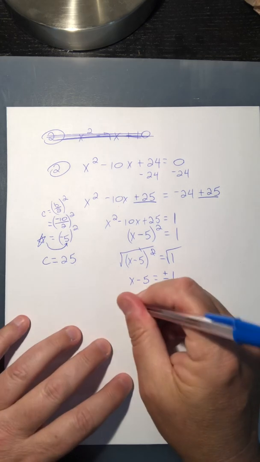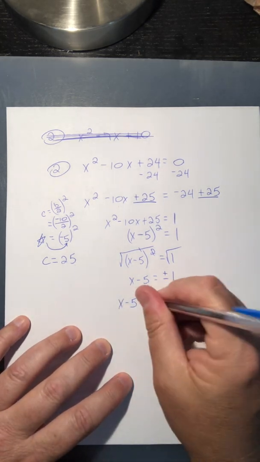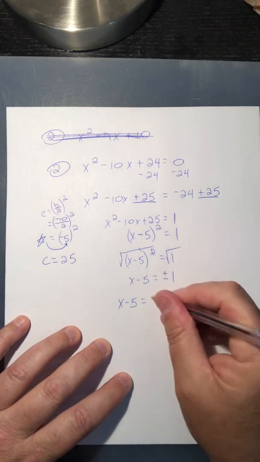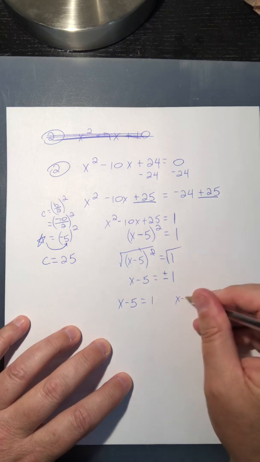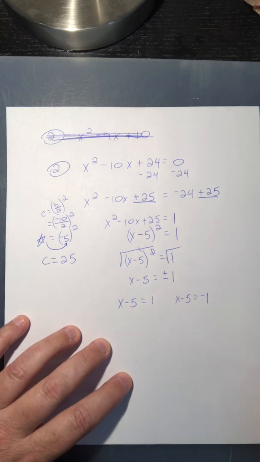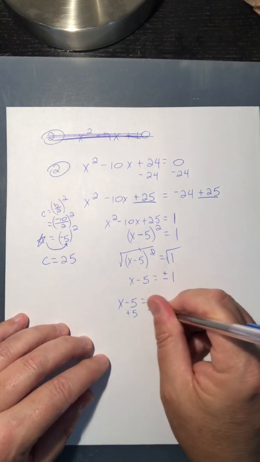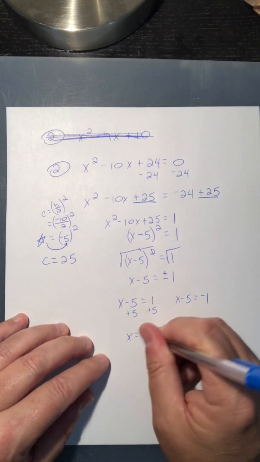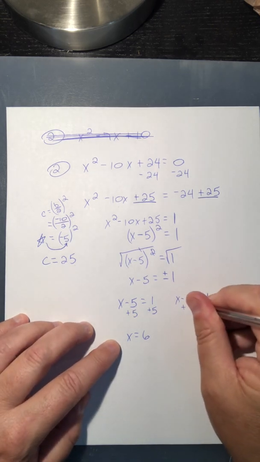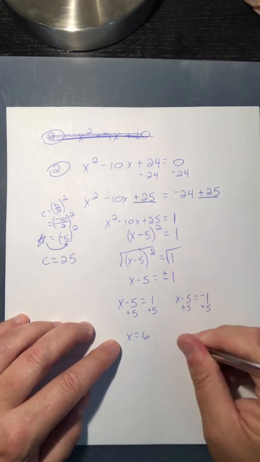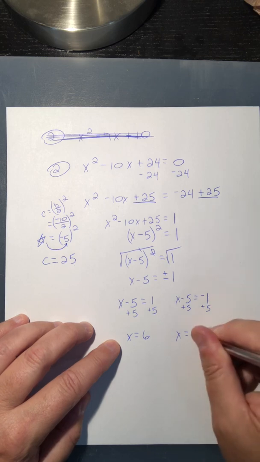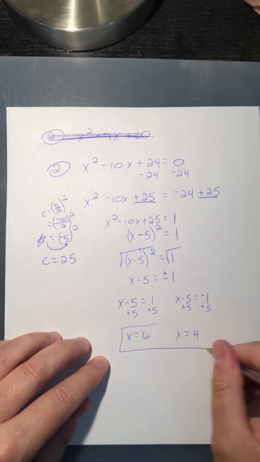So now we set up 2 equations. x minus 5 equals this positive 1. x minus 5 equals that negative 1. Now solve for x. I'm going to add 5. Add 5. x equals 6. We're going to add 5. Add 5. x equals 4. So there are my 2 solutions.